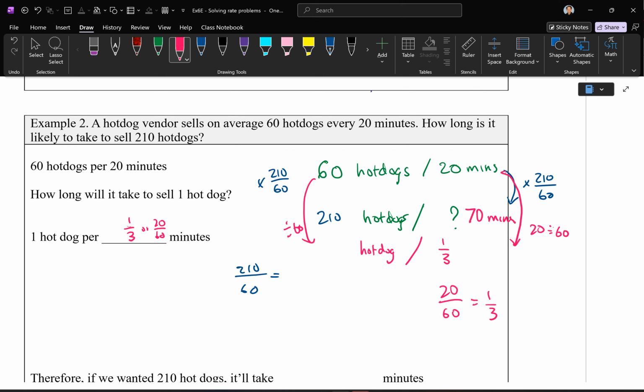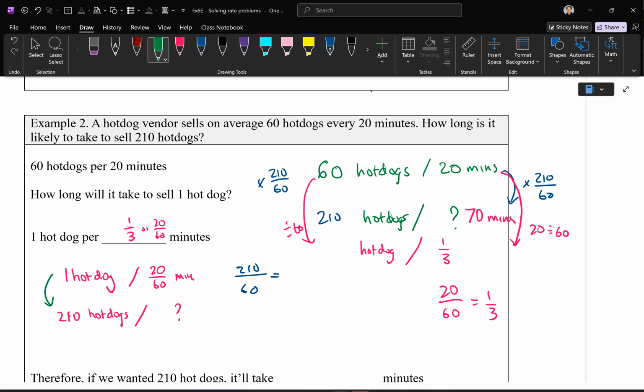So you now know it's for every one hot dog, it was 20 out of 60 minutes. That's your rate. I'm asking if you want 210 hot dogs, how long? See, how do you go from 1 to 210? Yeah.